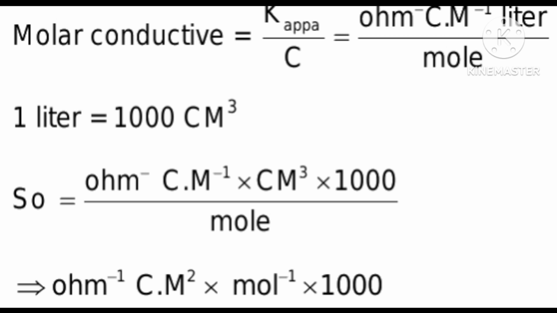Lambda m: lambda is just like a reverse of a V. You write a V upside down, open, and that structure is known as lambda. Then lambda with a small m down is the molar conductivity.